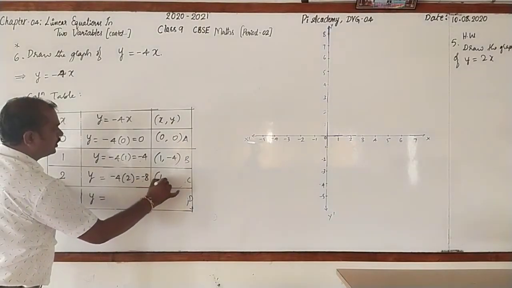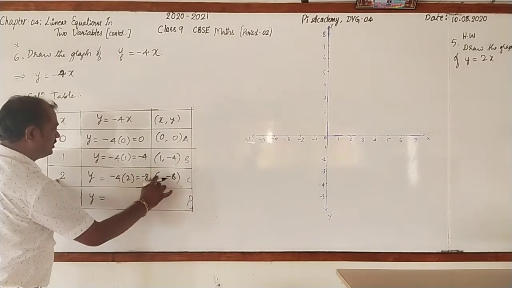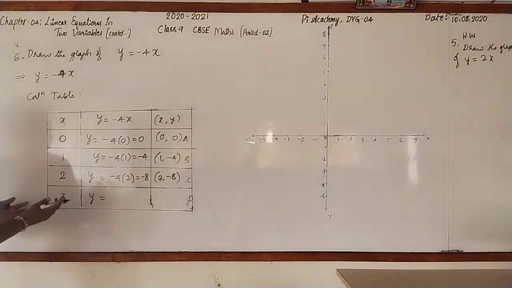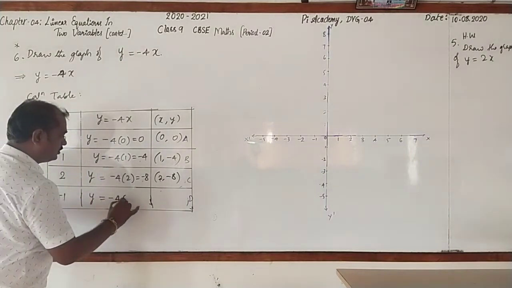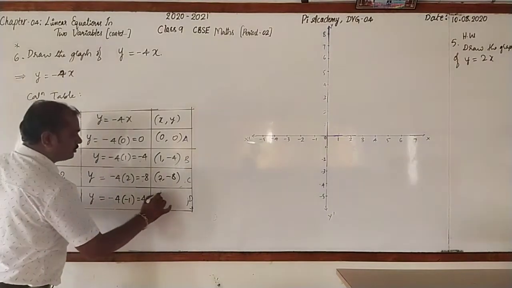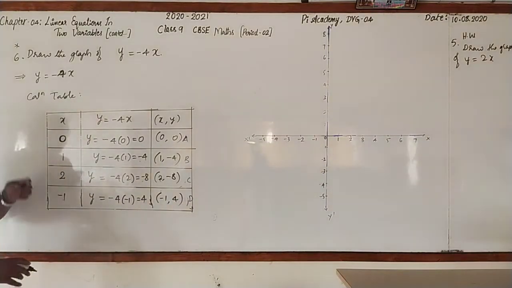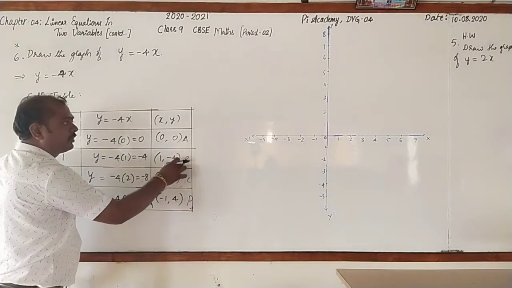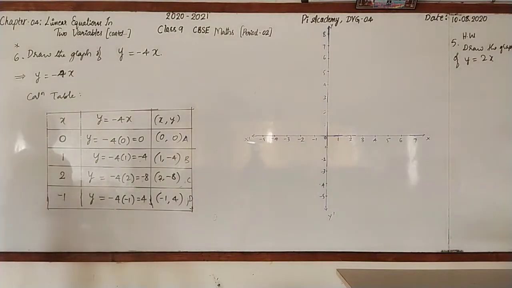This is 2 comma minus 8. Even you can go for taking minus 1 also. See, if you take minus 1, minus 4 into minus 1, it is plus 4. So, minus 1 comma plus 4. Clear? So, let us go for calling these coordinate points as A, B, C and D only.